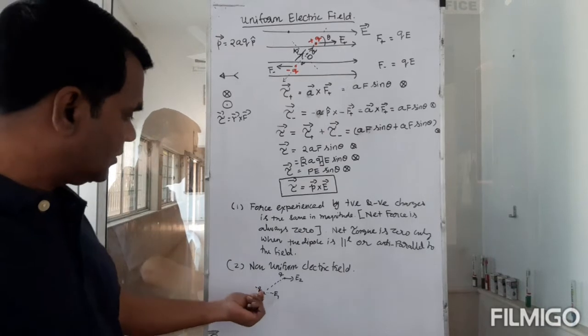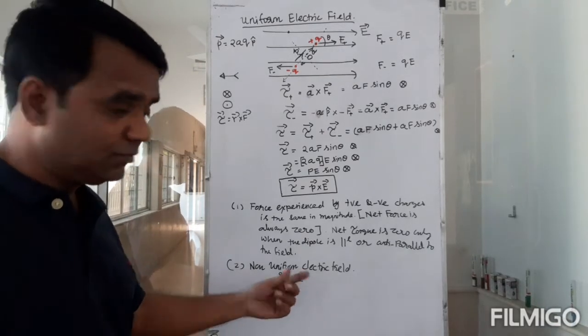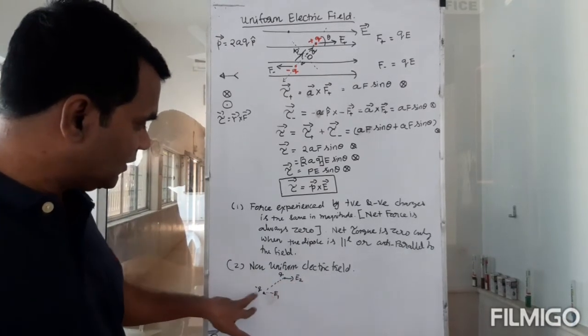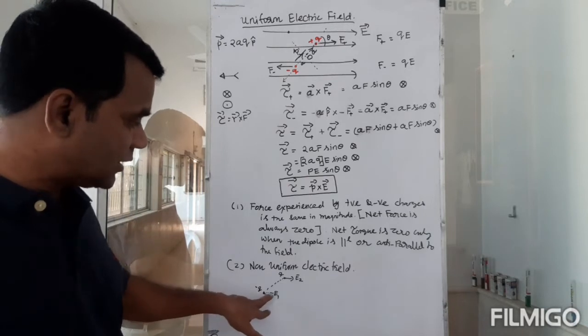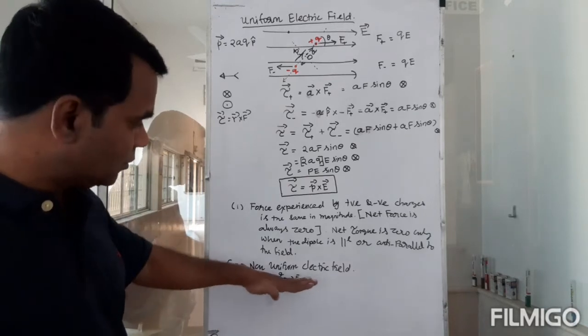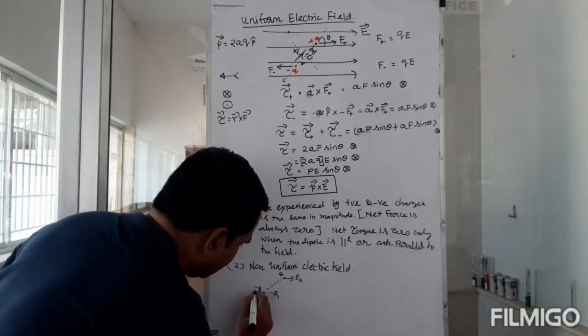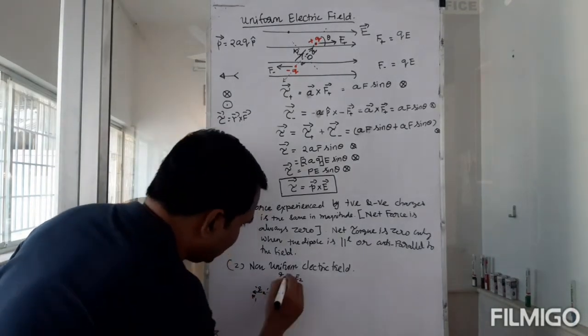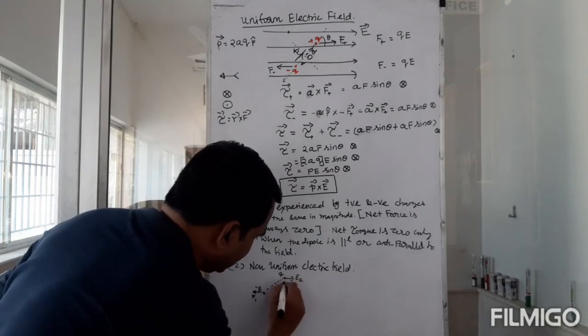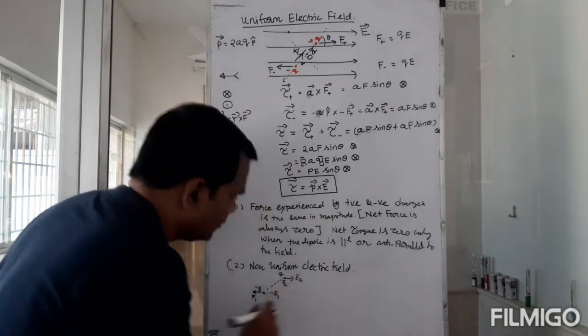So what happens now? There will be a net force now. Right? There is QE2. Here it is minus QE1. So there will be a net force. There will be a force of attraction in this direction, that would be F1. There will be a force of repulsion in this direction, that's going to be F2.